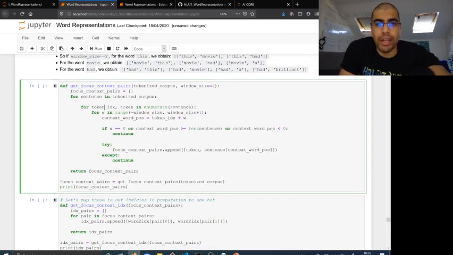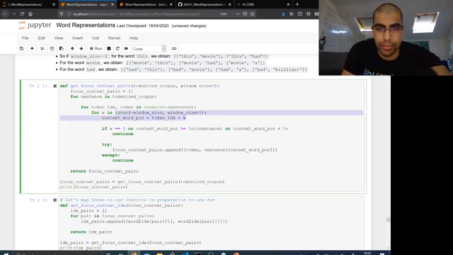Now for every W in our window size range, we find the context word position, which is the index of the token we're currently enumerating over, plus W, because this is a range operator.